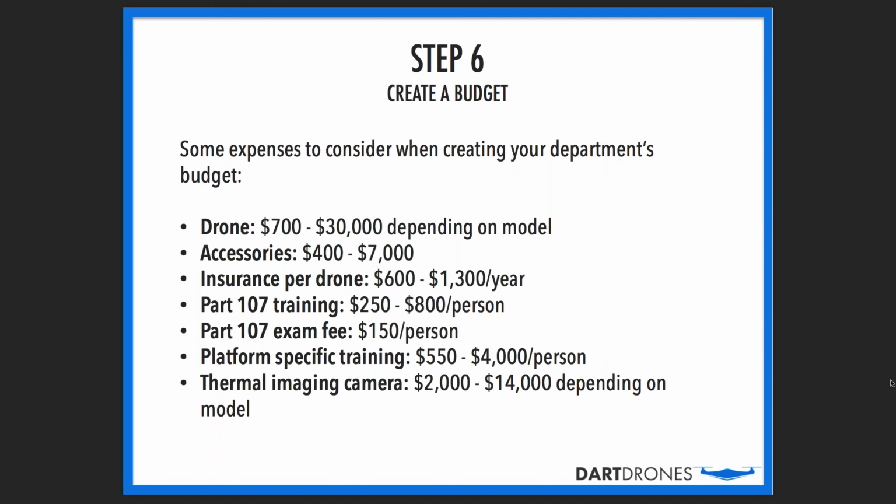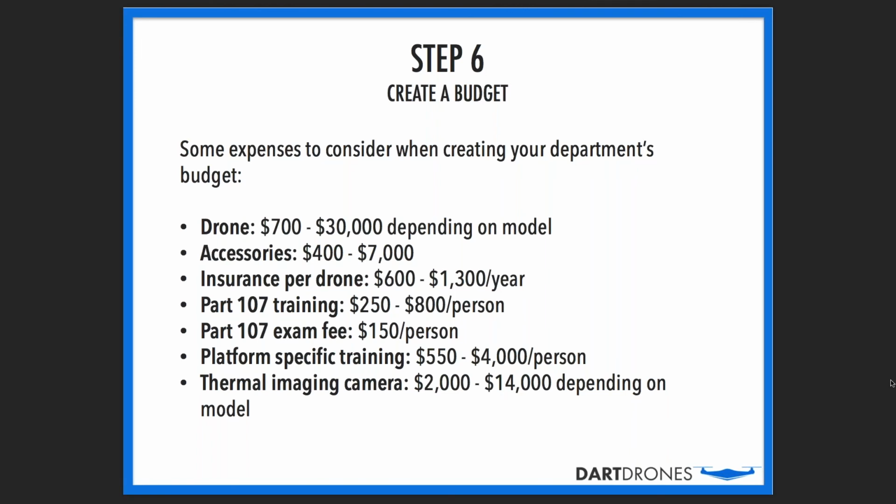Anywhere from a $700 DJI Spark for doing tactical operations and barricaded subjects, up to even over $30,000, depending on what you happen to purchase. A lot of agencies are going to be looking at lower end to just kind of get started, and then they'll move forward from there. But depending on what you want to look at, that's what you're going to be paying for.